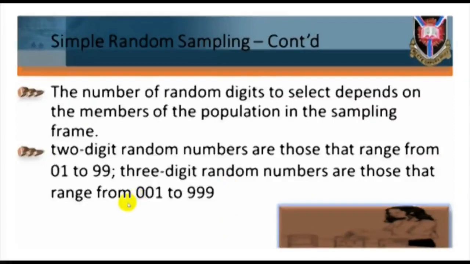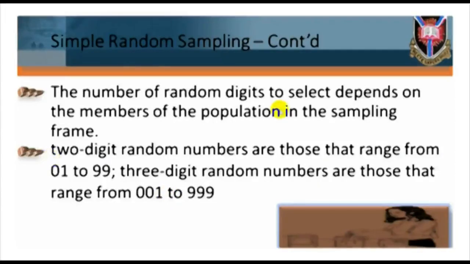The serial numbering of the members of the population in the sampling frame would range from 01 to 99 to reflect what would be observed on the table of random numbers. A frame having members up to 999 requires the use of 3-digit random numbers. Thus, the serial number should range from 001 to 999.